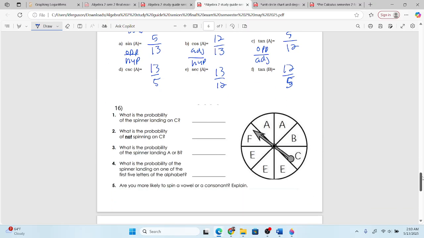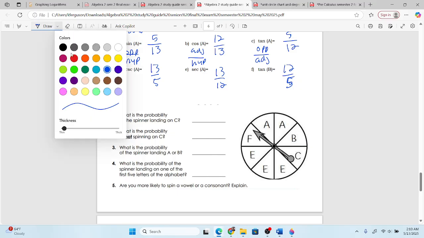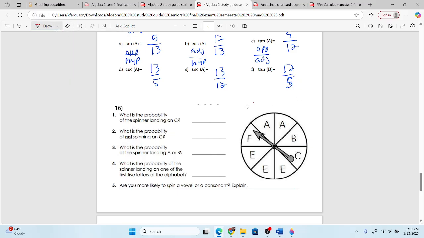And now we're talking probability. So I got a spinner. It's got 1, 2, 3, 4, 5, 6, 7, 8 spots. So the thing to remember is that there's 8 possible outcomes.